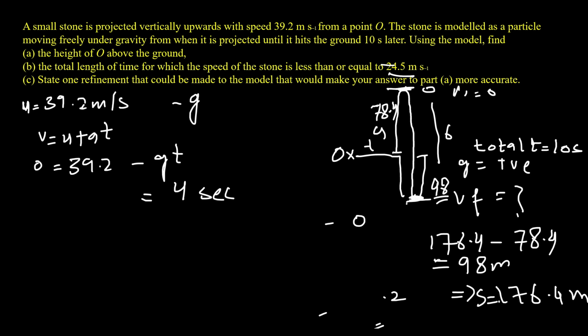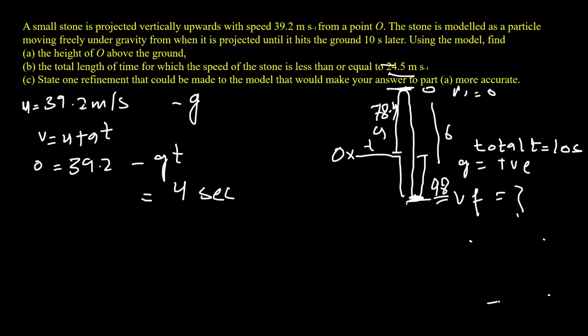Now let's find the total time the speed of the stone remained below 24.5. The stone was projected with the speed of 39.2. So we can use the first equation of motion to find the time its speed was above 24.5.